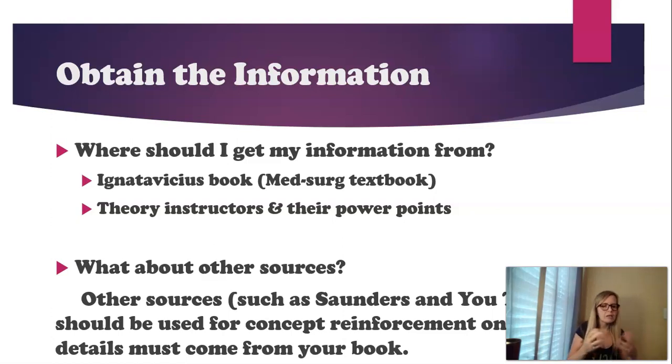It'll tell you highest priorities and biggest issues with these disease processes and things like that. So NCLEX books are great to kind of help you narrow things down and figure out what's the most important aspect of all of this information that I just got about this disease. NCLEX books will help you kind of bullet point those things, and so they're kind of good for a big picture.